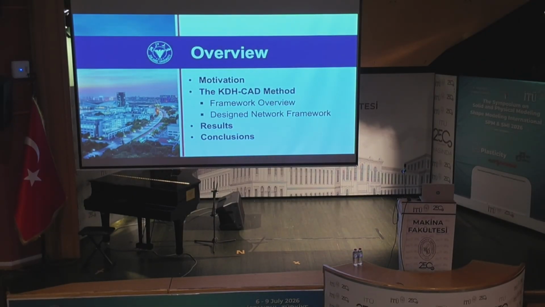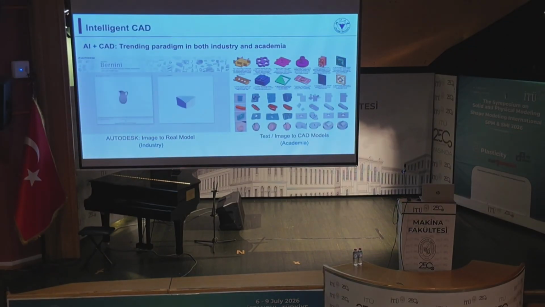The presentation is divided into 4 parts, and the first one is the motivation of CAD learning under data scarcity. Let me start with the broader background. Intelligent CAD is becoming a clear trend in both industry and academia.